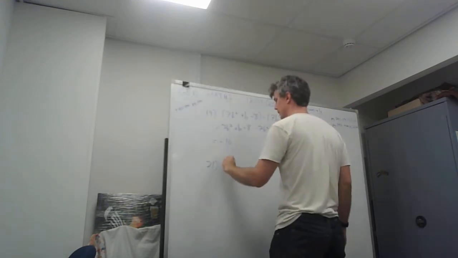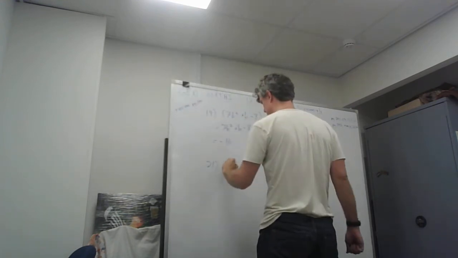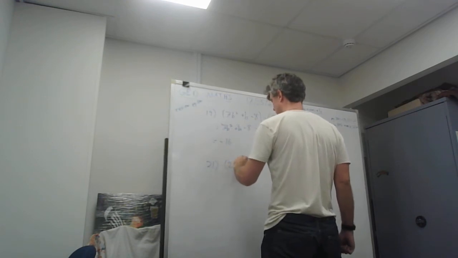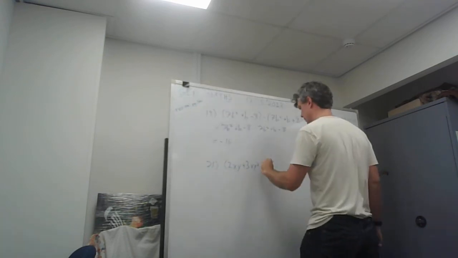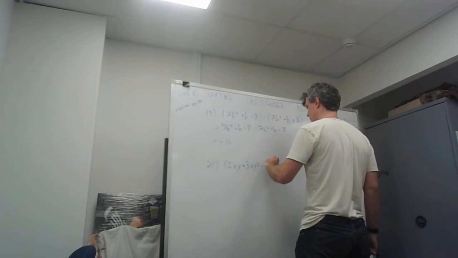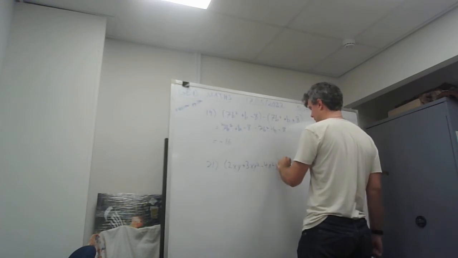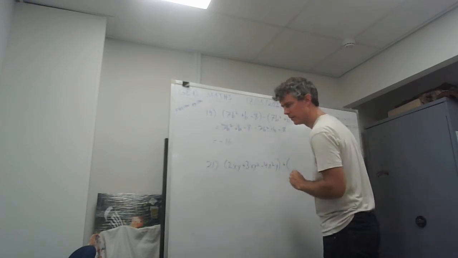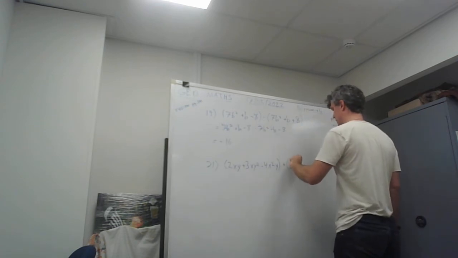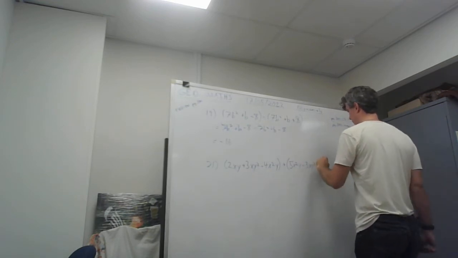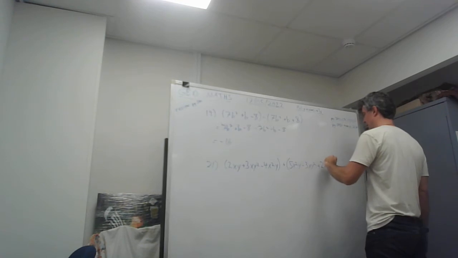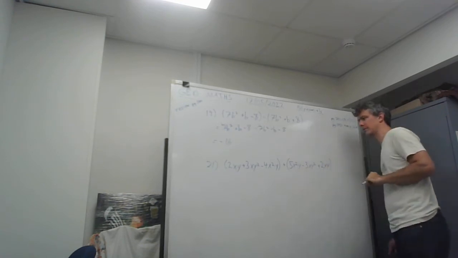Same idea. 2xy plus 3xy squared minus 4x squared y, and then add 5x squared y minus 3xy squared plus 2xy.